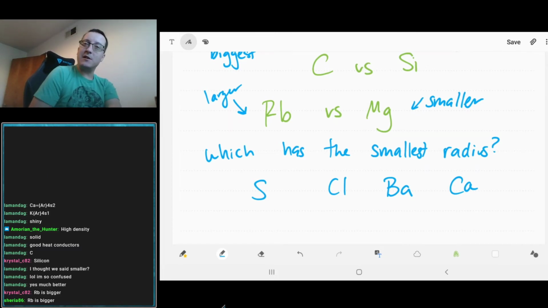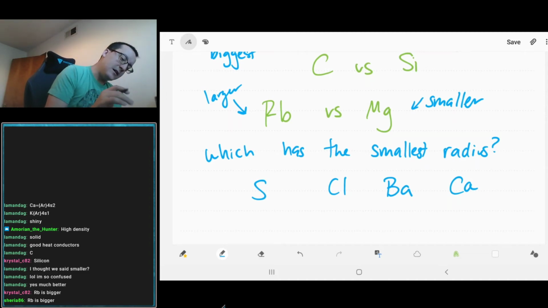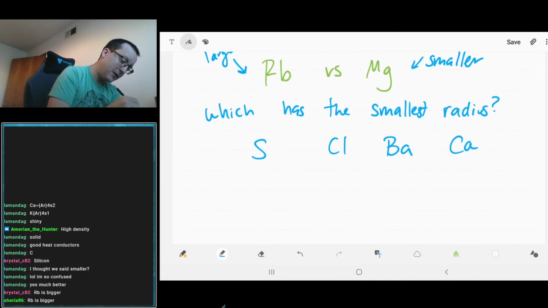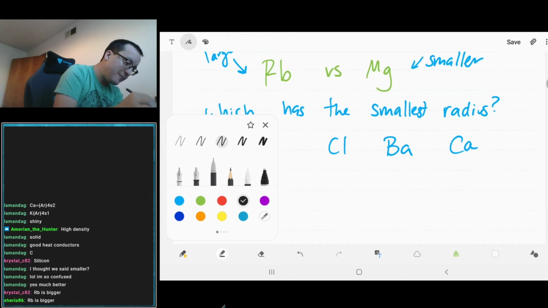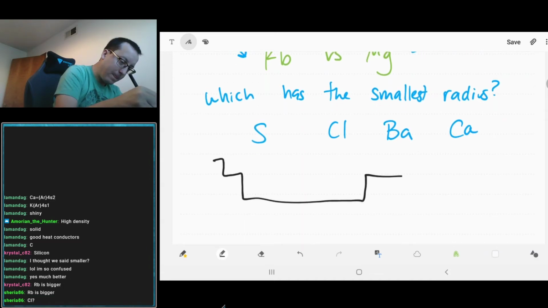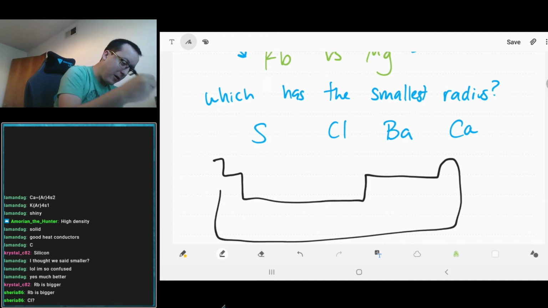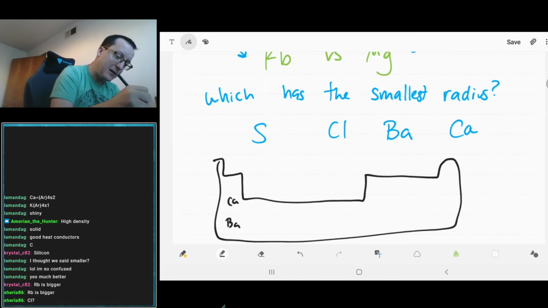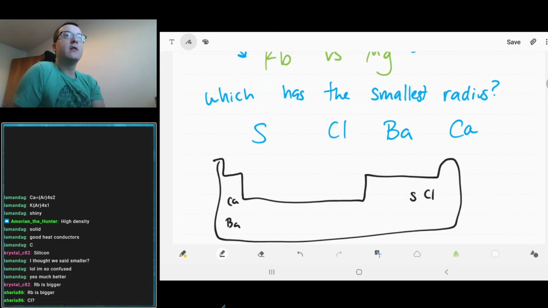So what we need to do is find them on the periodic table, right? Okay. Let's see. So barium is somewhere here. Calcium is somewhere here. Sulfur, chlorine.